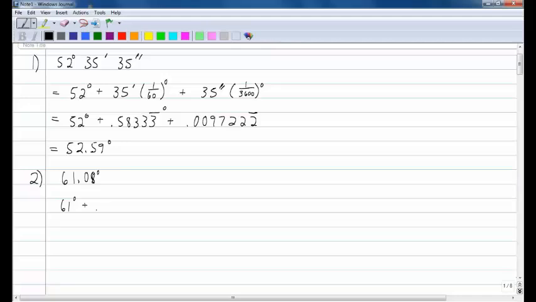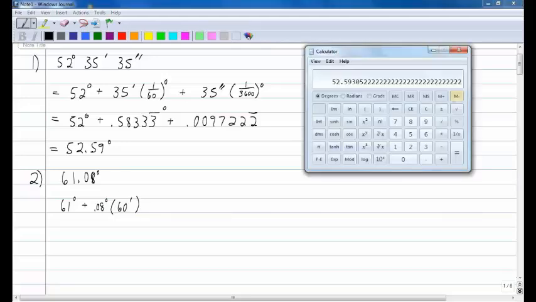The way we do that is we say plus 0.08 degrees times 60 minutes, because 1 degree is 60 minutes. So 0.08 times 60 is 4.8.